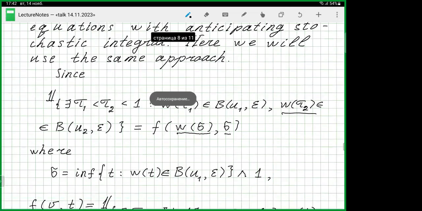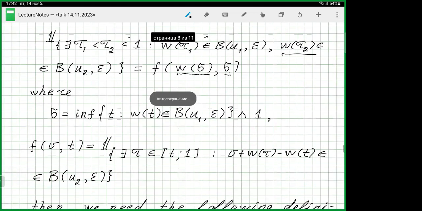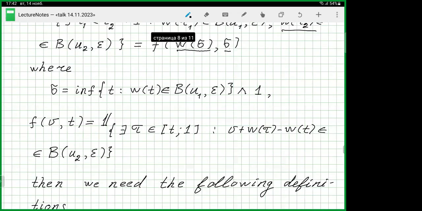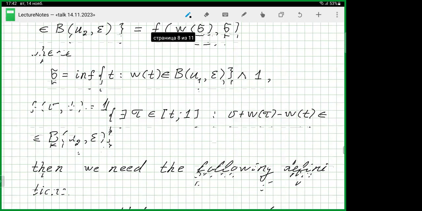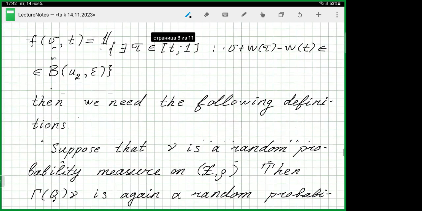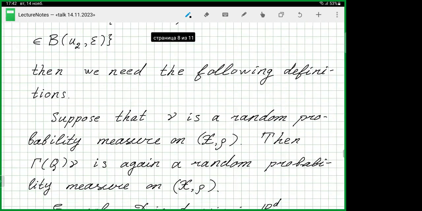Then, actually, one can again explain this. And we need several definitions. So what I will do is apply second quantization to this function, a function of the Wiener process when it hits the first ball.